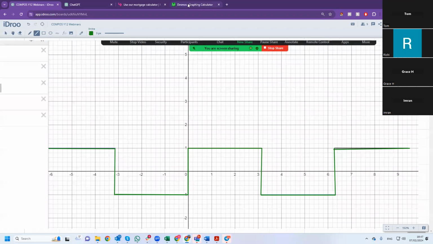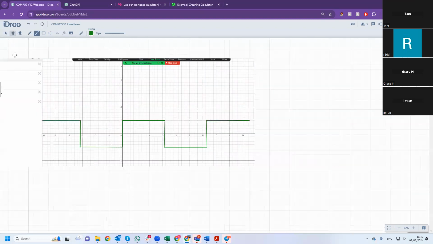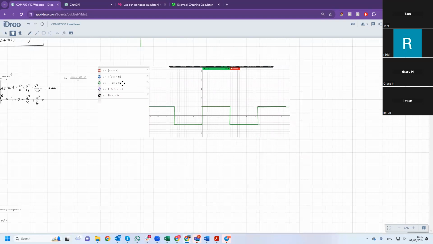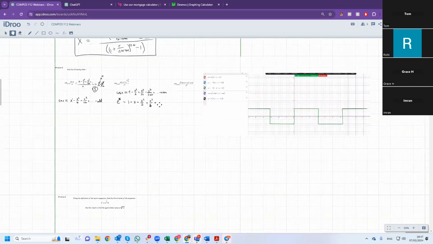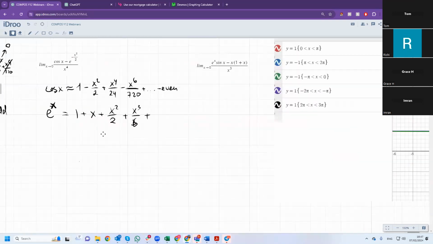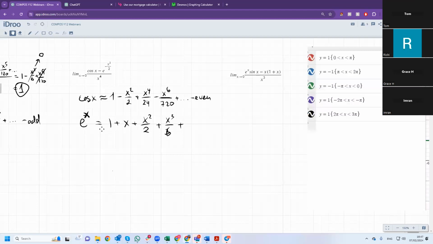Right. So yeah, that's what we're going to talk about. Okay, so e to the power x is this, plus etc. So e to the power minus x squared over 2, because x squared over 2 is 0 when x is 0.